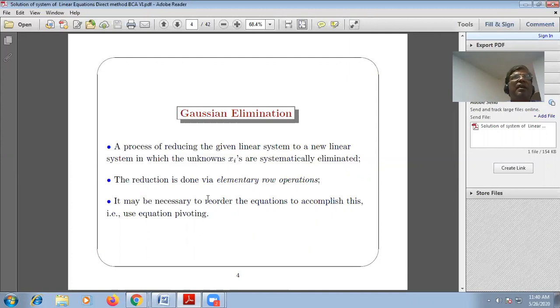The reduction is done via elementary row operations. I hope you know what elementary row operation and elementary column operation are, because there was a chapter in your matrix in which there was row transformation and column transformation.